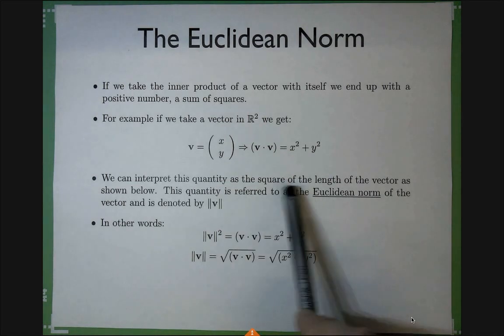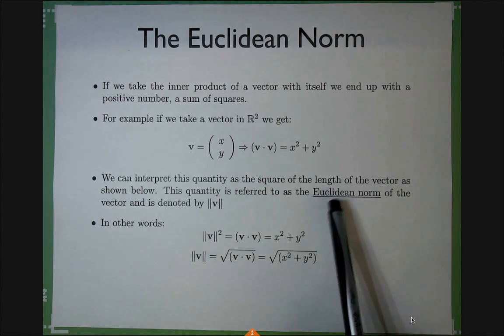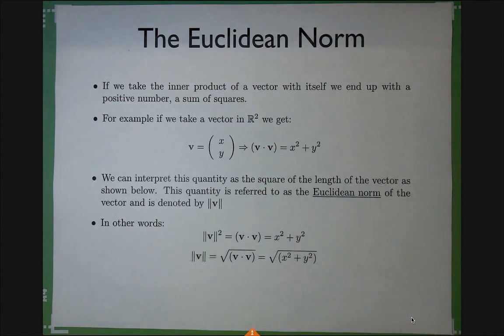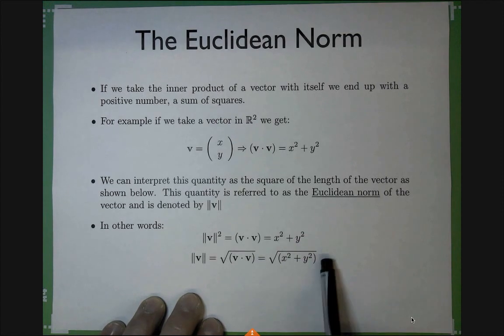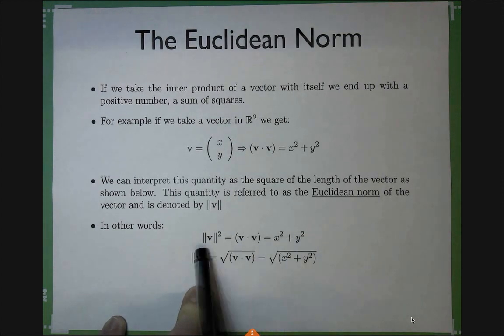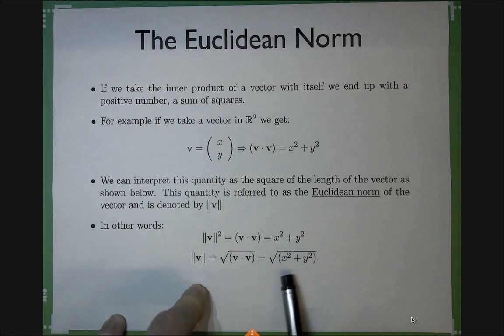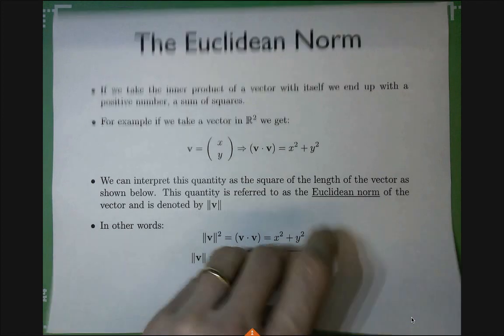And this is the square of the length of the vector. This is called the Euclidean norm after I take the square root of this. So if I don't take the square root, then we talk about the squared Euclidean norm, and if I take the square root, then I get the length of the vector. That's the Pythagorean theorem, right?